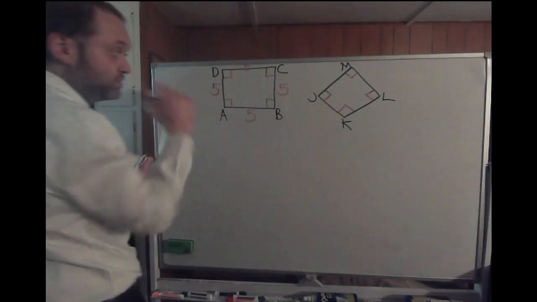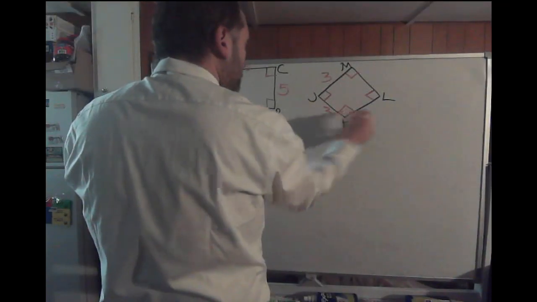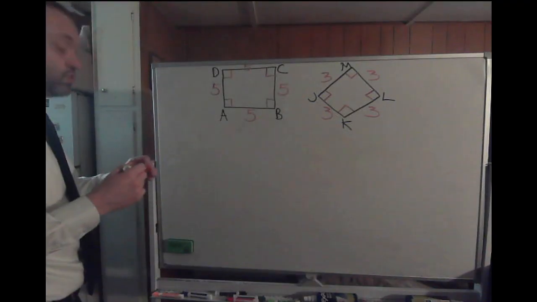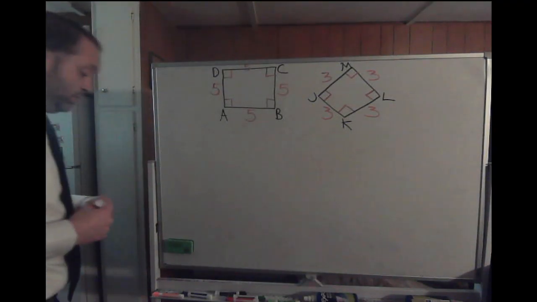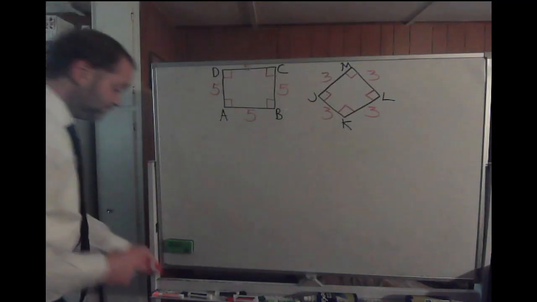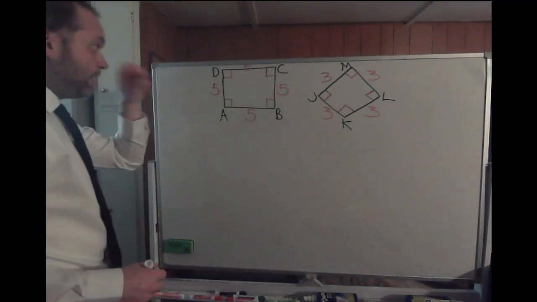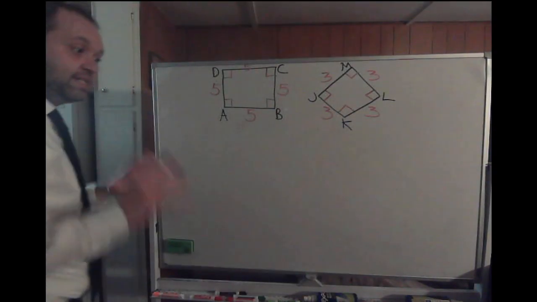So we have another square. Each side of this quadrilateral has a length of 3. We have yet another square. So we need to determine, are these two quadrilaterals, DABC and MJKL, similar?